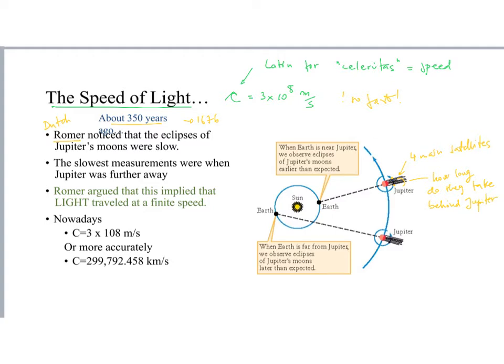All right, and it turns out Romer measured that it takes a lot longer when Jupiter was further away from the Earth.